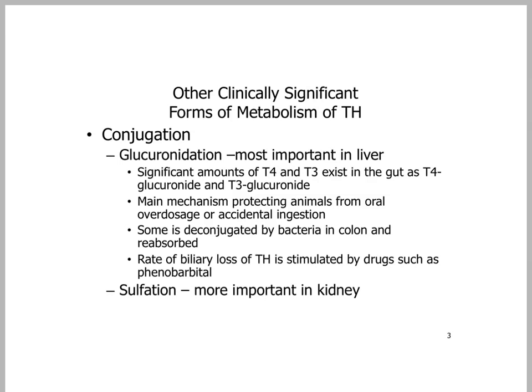And so we have to pay attention to this when we look at animals that are on these drugs, because their T4 and even their free T4 levels can fall a little bit even when they're euthyroid. Sulfation is probably a more important pathway by which thyroid hormone can be lost into the urine through the kidney.